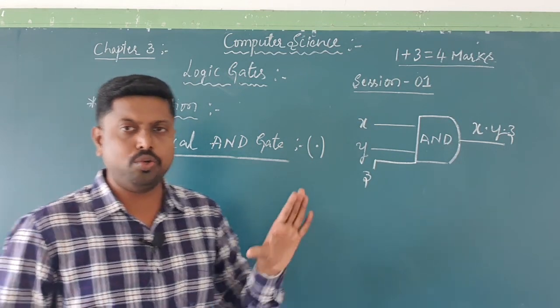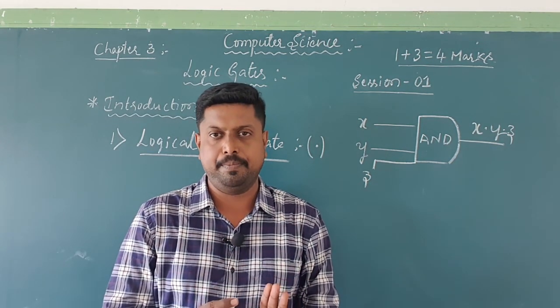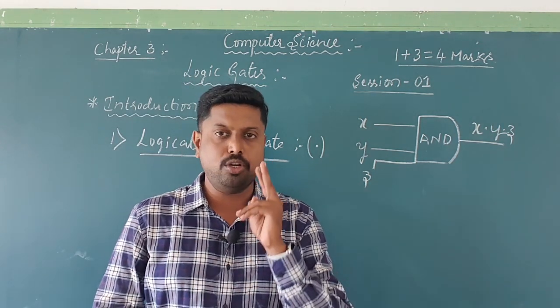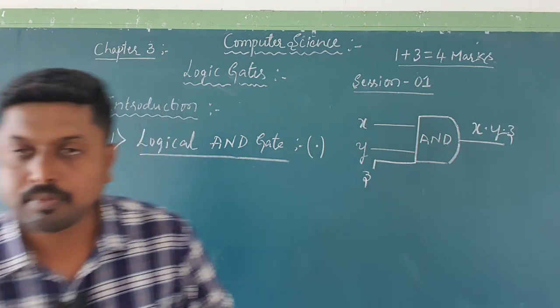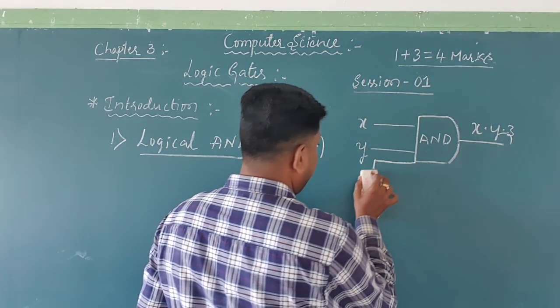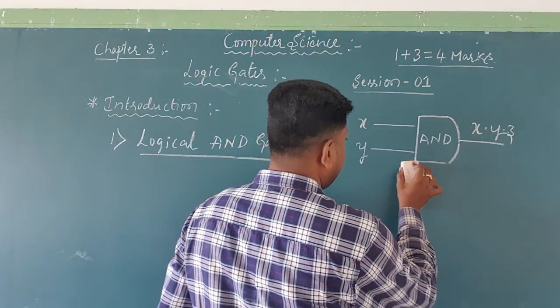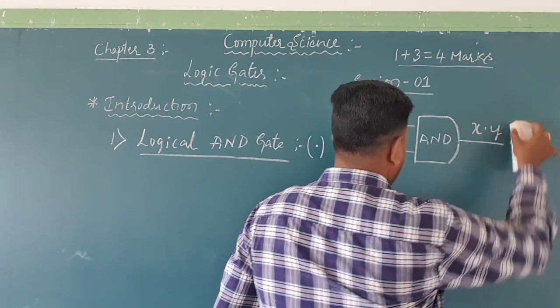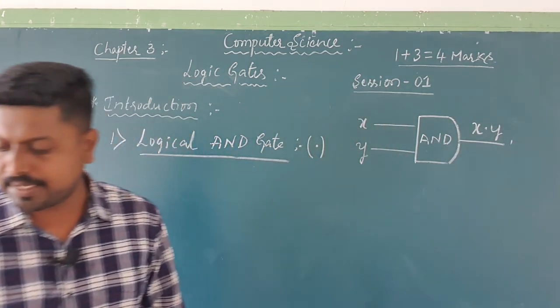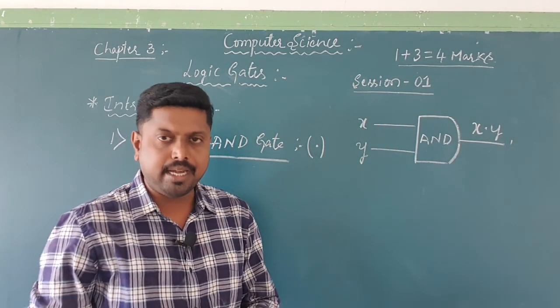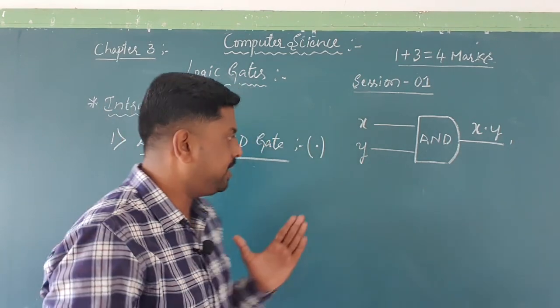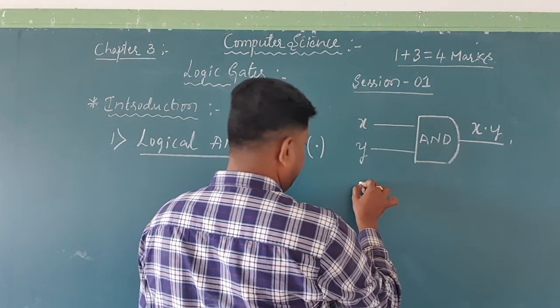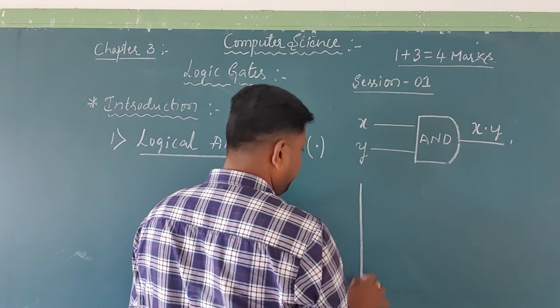Now I will show you a truth table for the two inputs. I will erase this third input and third output also. Under this same symbolic representation, I will write a truth table for the basic AND gate. Concentrate on this truth table.